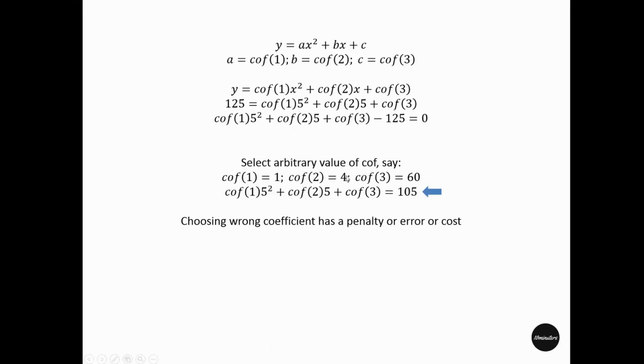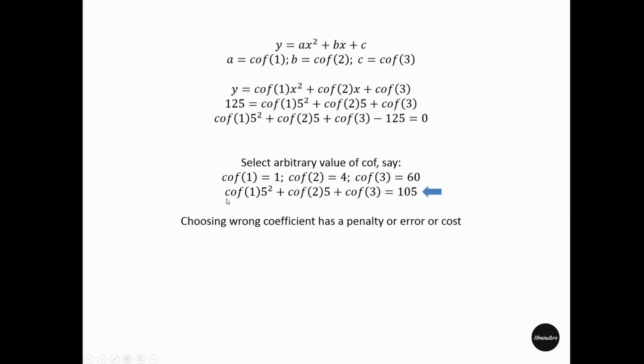These are the coefficient values we put into this equation at x value of 5. So for x value of 5, square 5, if we put in the values corresponding to these coefficients and just add them up, we get a value of 105.